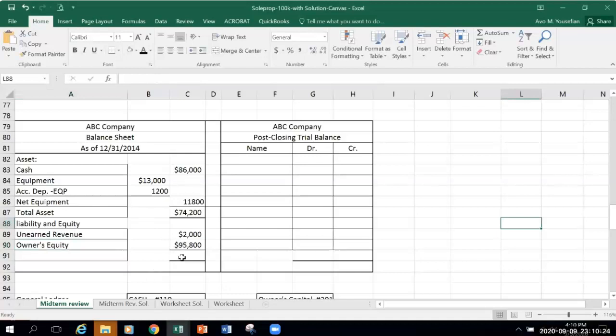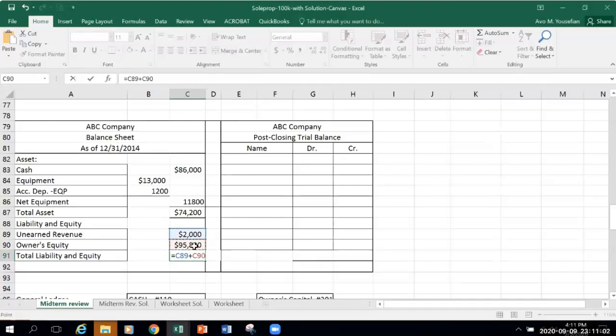So let's say total liability and equity is equal to that box. Something is wrong, but we will fix it. Plus that box, enter. So what am I missing?